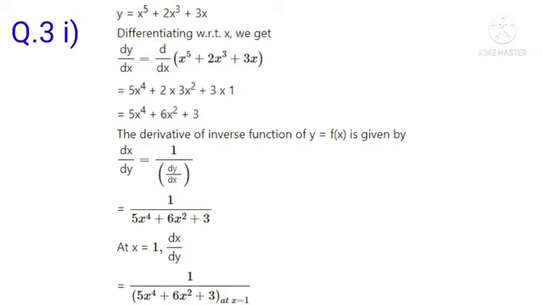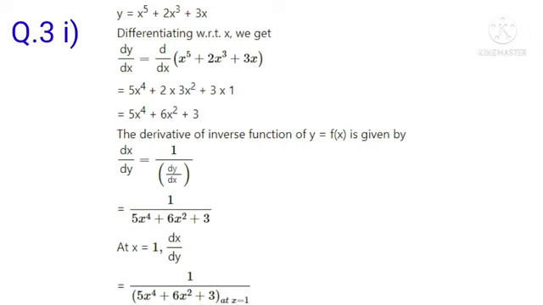Derivative of x raised to 5 is 5 into x raised to 4, plus 2 as it is. Derivative of x cube is 3x square, plus derivative of 3x is 3. So we get 5x raised to 4 plus 2 into 3x square plus 3 into derivative of x, which is 1. So you write 5x raised to 4 plus 6x square plus 3.